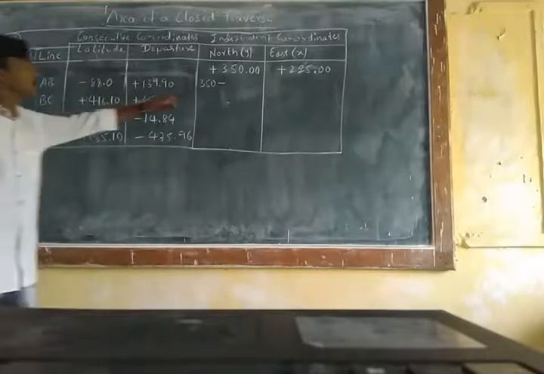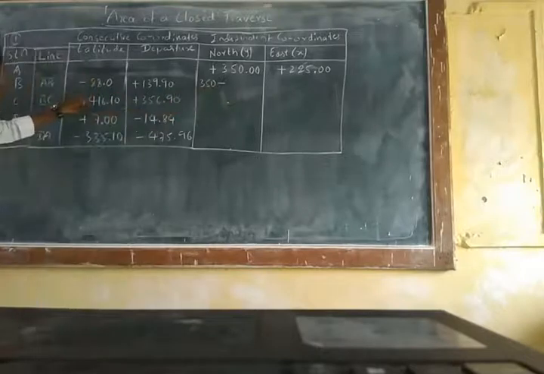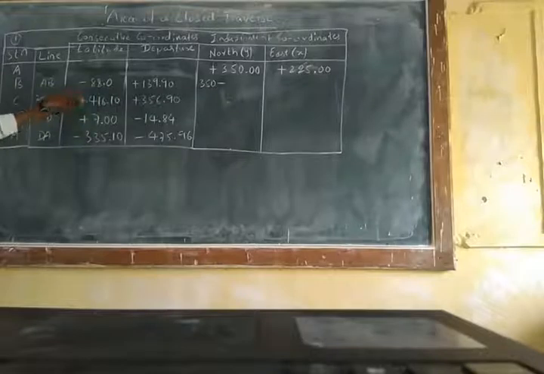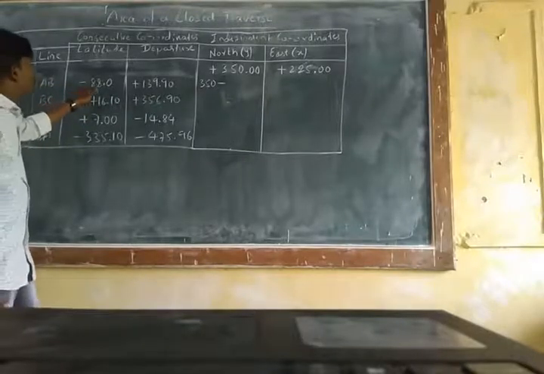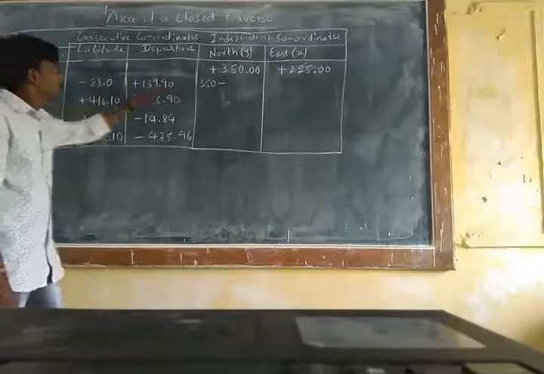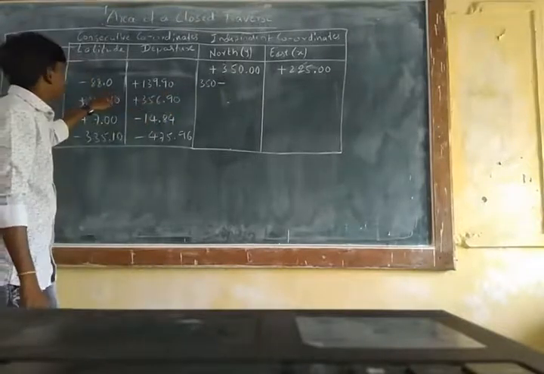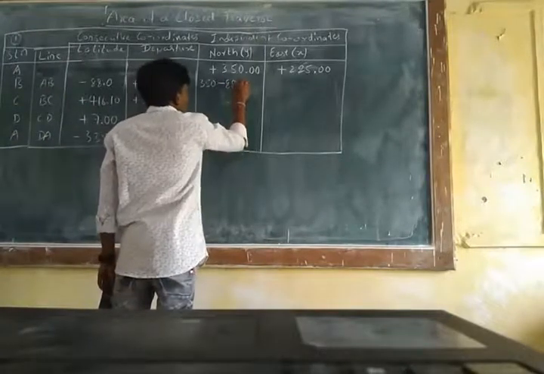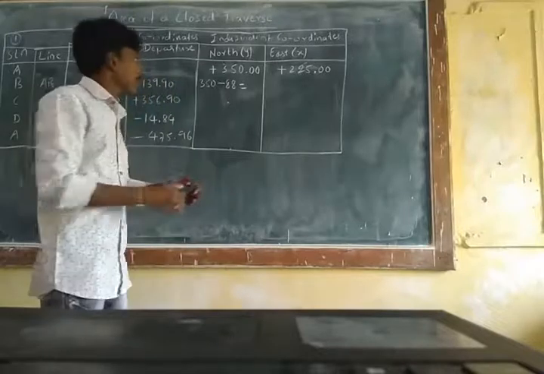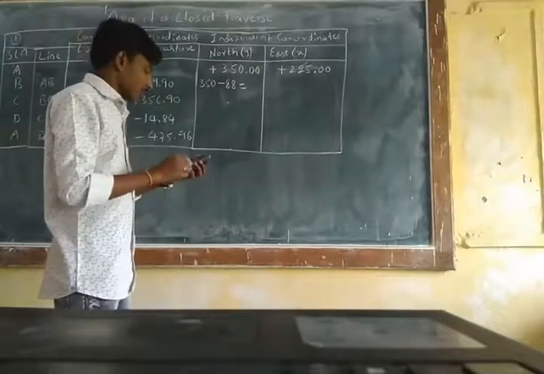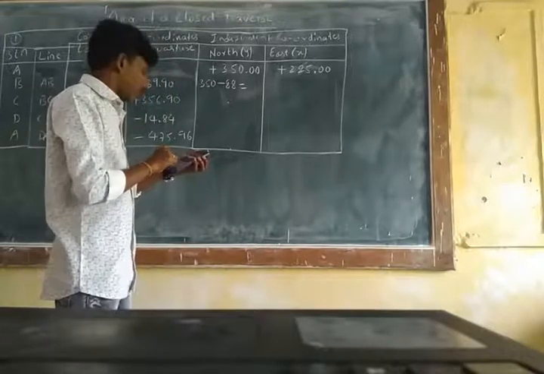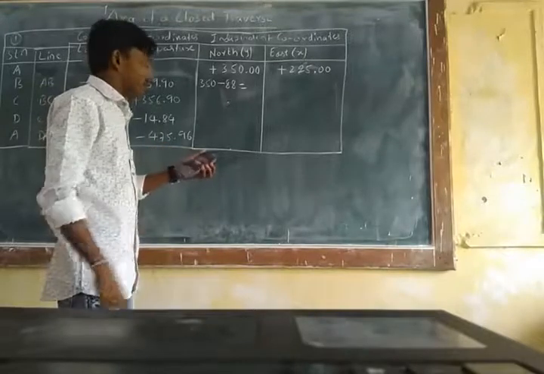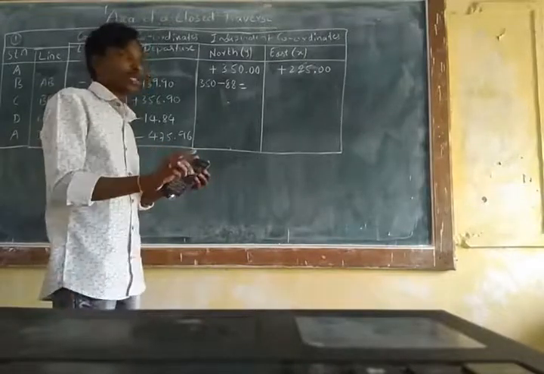I am using the minus sign because the latitude of AB has a minus sign. So I am taking the same minus here and writing the same number 88. So it will become 350 minus 88, and that is 262, a positive value.